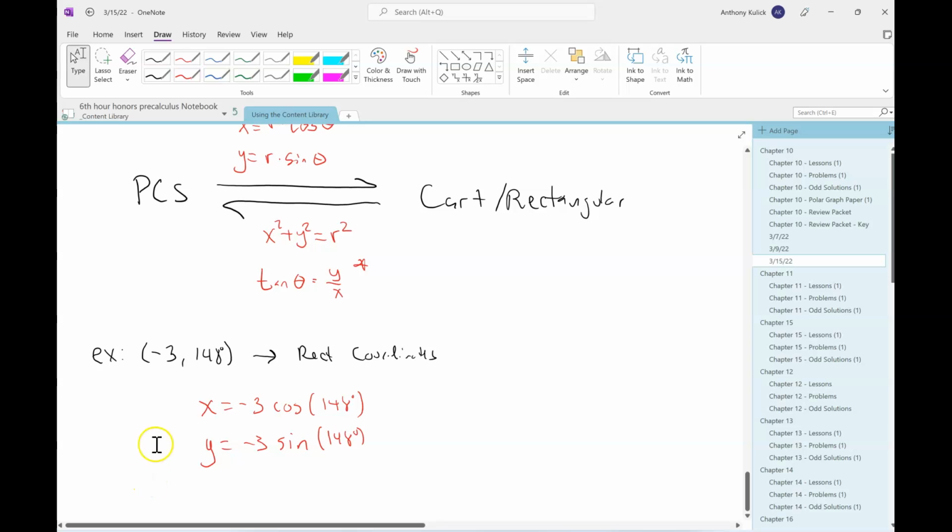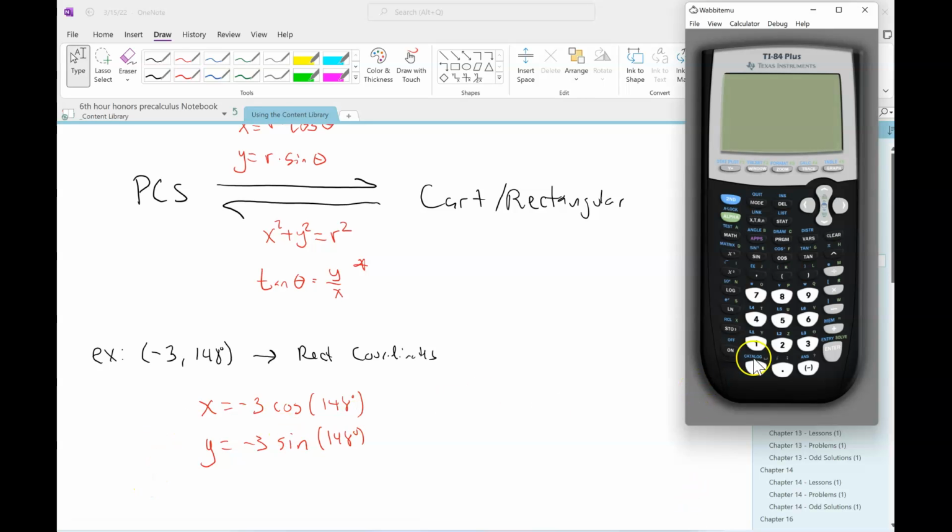When I use my calculator to do this, the only thing I have to worry about is that I'm in degree mode. It doesn't matter whether my calculator is in function, parametric, or polar mode, unless you're using the graphing features. So -3 cosine 148 is 254. And -3 sine 148 is -159.